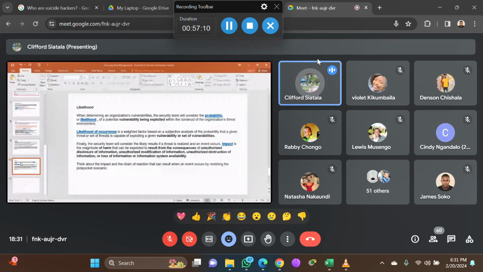Now we ask, what is the probability that this can be exploited on our website, on our network? The probability that we could be hacked by malware? The probability that our website could be spoofed without us knowing? The likelihood.